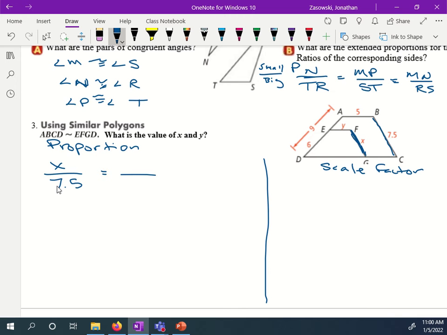Okay? Now, what we want to do is ask ourselves, what other two sides do I know the values of? Don't pick another variable. We know. Now remember, we don't know EF because it's a variable. So don't choose this one. We want to choose ED because that's 6, right?